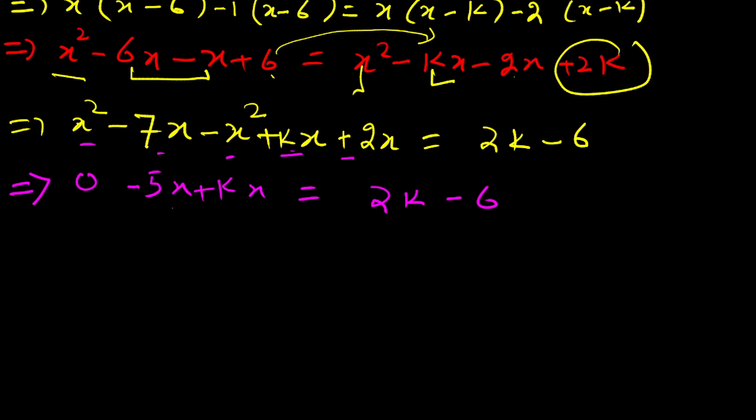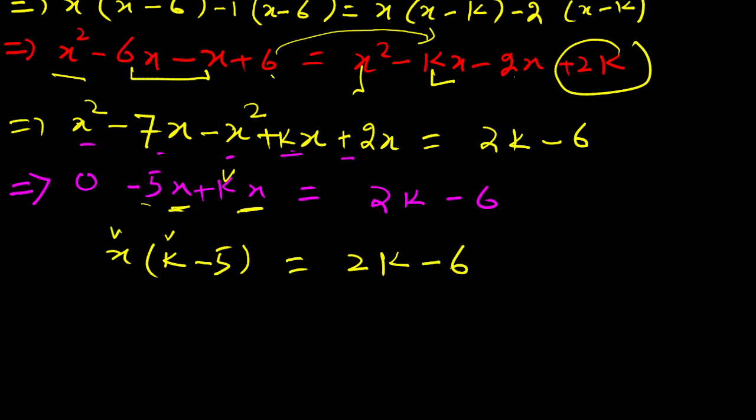Now the left hand side is divisible by x, so you can take x as common: it will be (k minus 5), writing the positive term first and the negative term later, equal to 2k minus 6. Now you have to find x, dividing by k minus 5 on both sides. You have x is equal to (2k minus 6) divided by (k minus 5).